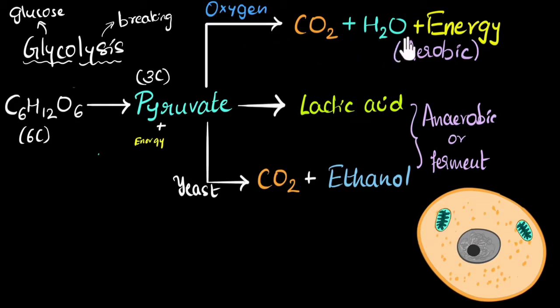And after the reaction takes place, it's the mitochondria that will release all that energy. And that is the reason why they say mitochondria is the powerhouse of the cell. Because it's the mitochondria that's releasing most of the energy needed for the cell by performing aerobic respiration.